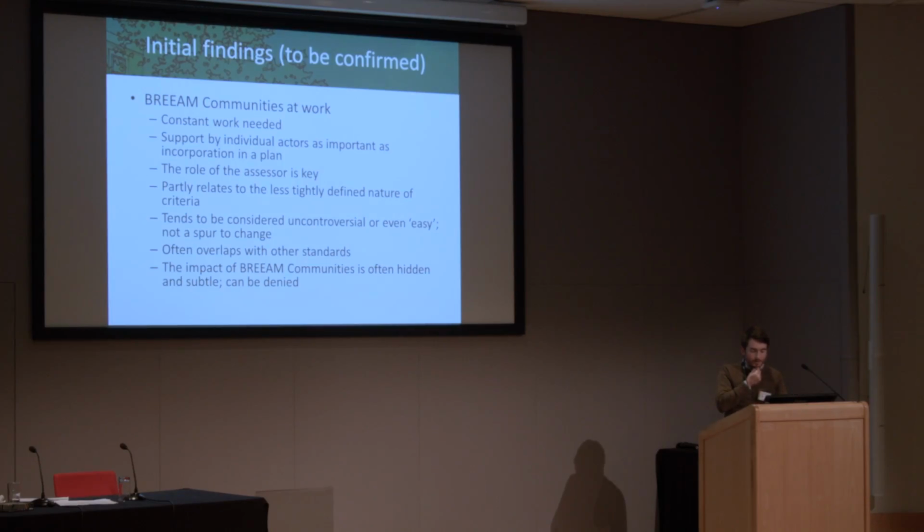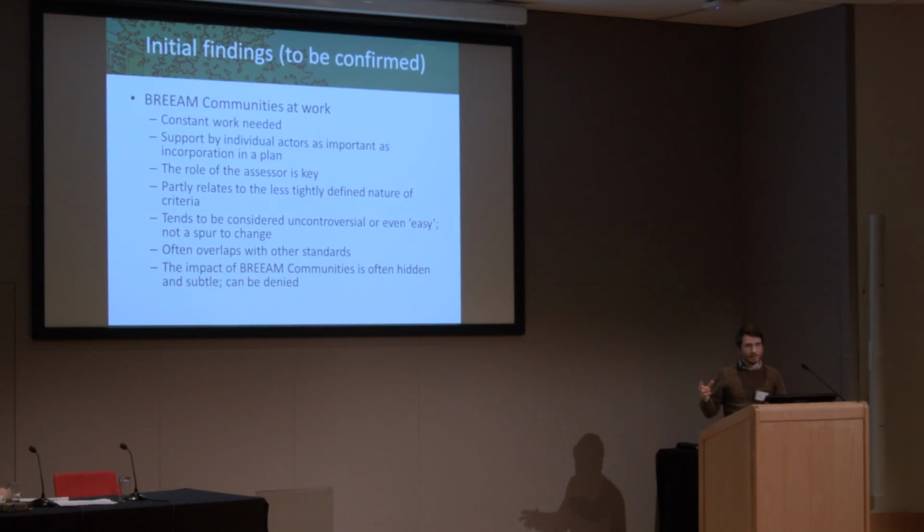Having said that, there is a perception amongst developers and consultants that this is a good thing. People have a positive opinion about it, but they also see that it's quite easy to do, and the influence can be limited, and that's partly because of this overlap of standards. It brings in other standards to define the criteria. The trouble is these standards are quite often the same things that people would be using anyway.